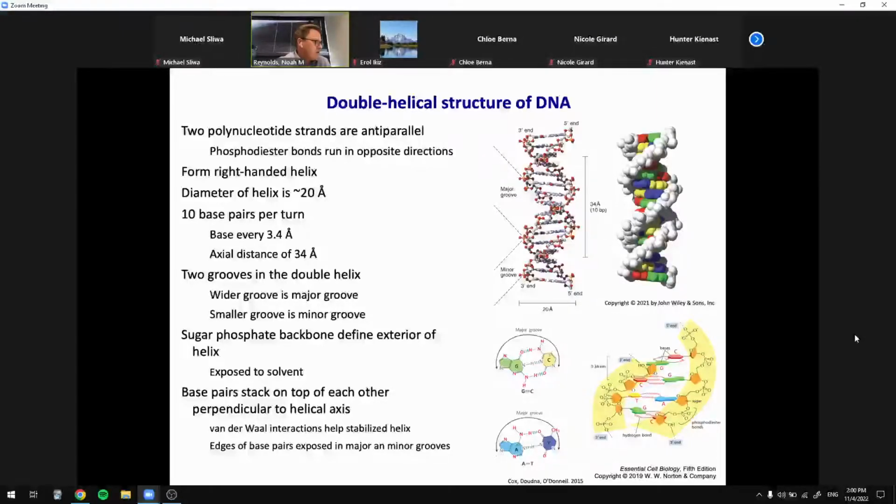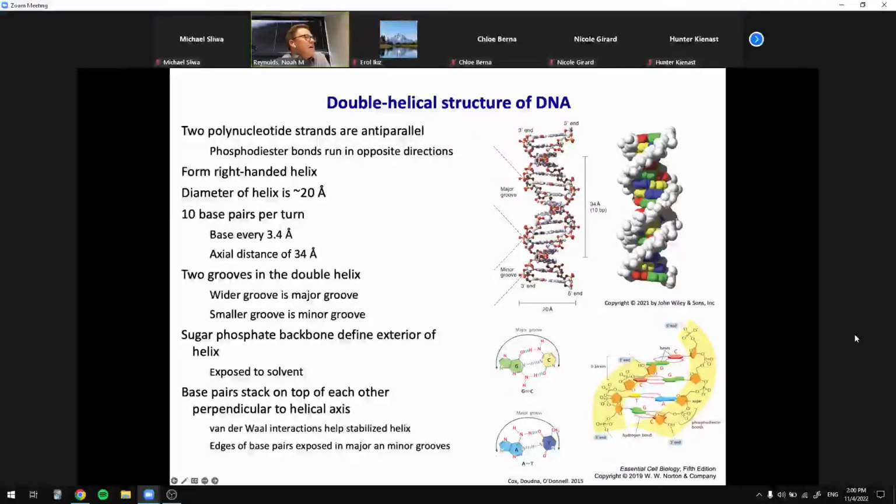So here are your major features of the B form of DNA. To get a double helix, you have 2 strands that hydrogen bond with each other. They run anti-parallel. So one strand is 5' to 3', but then you have to flip the other strand over, and going from the same end, it's 3' to 5'.